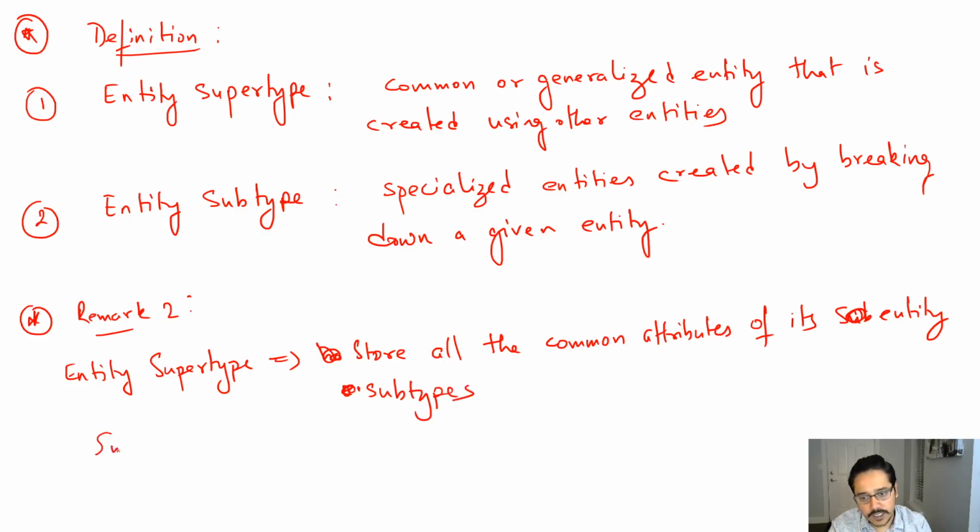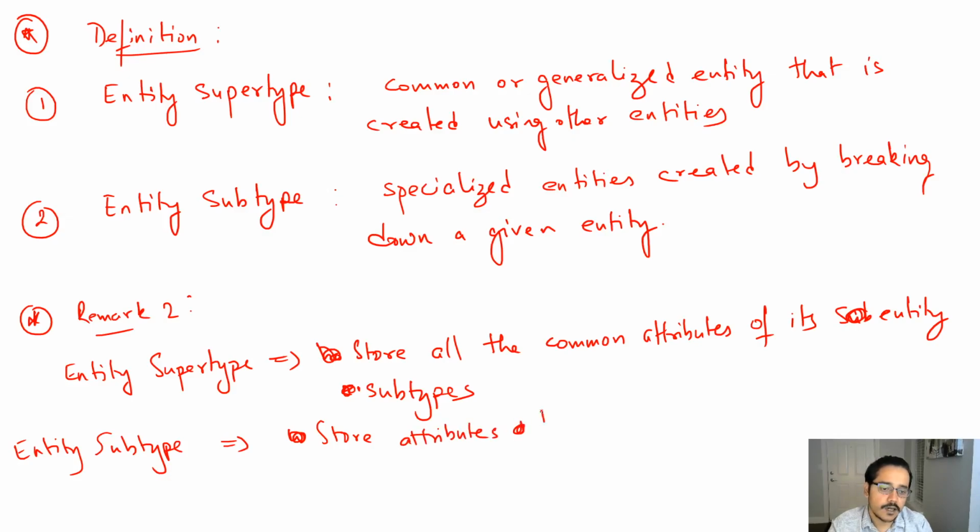And of course, an entity subtype will store attributes that are specific to them, and it will not store anything else.